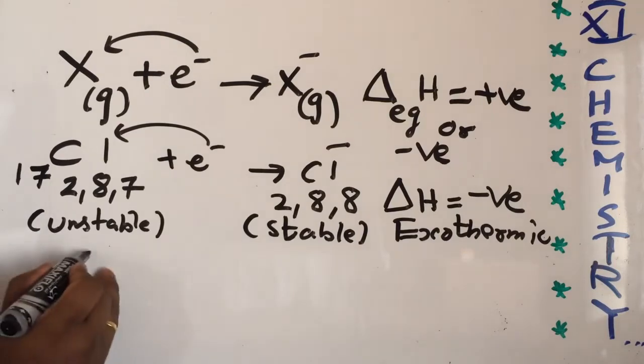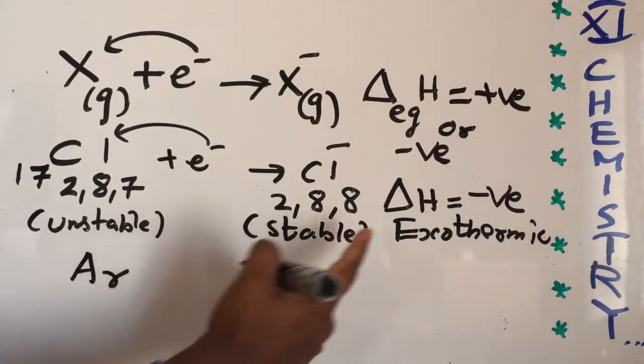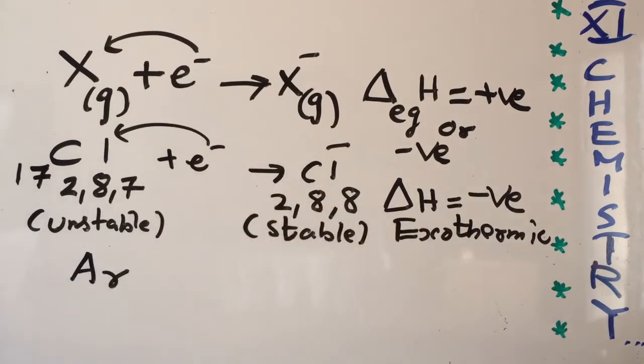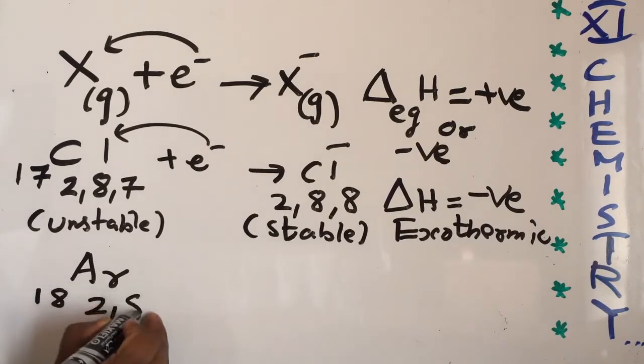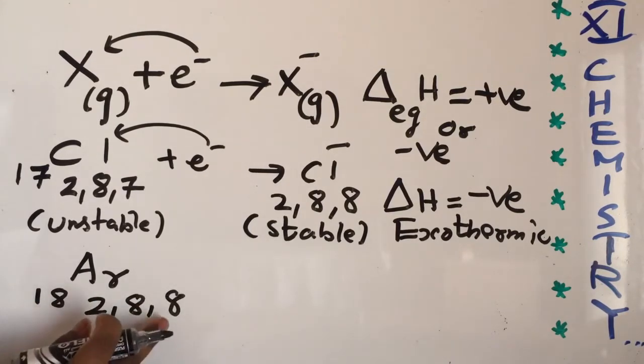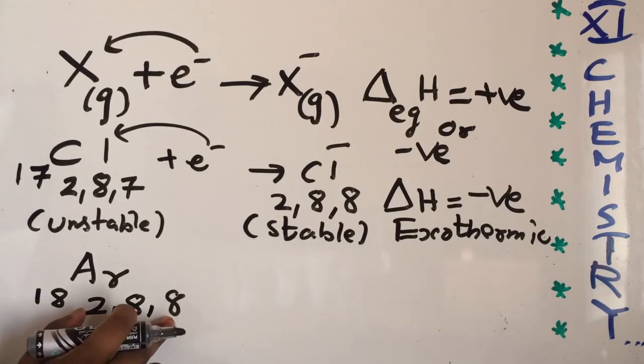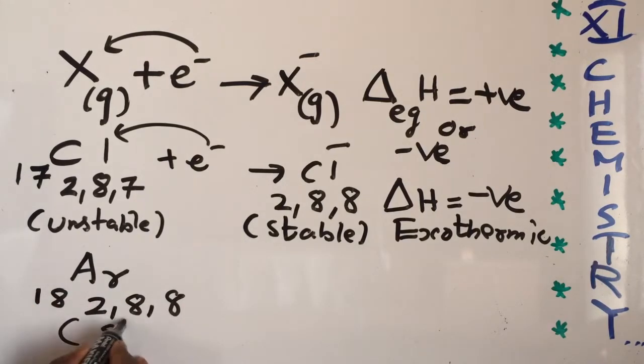But in the case of argon, electron gain enthalpy becomes positive. Let's see here. Argon's atomic number is 18. Electronic configuration 2, 8, 8. So due to the 8 electrons in the outermost shell, argon is highly stable.